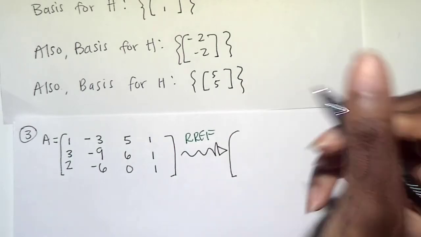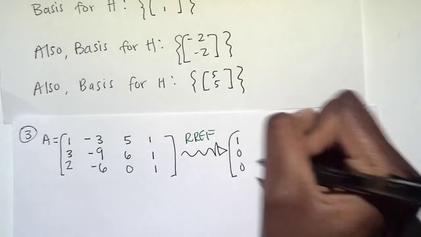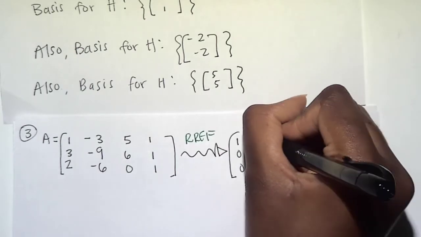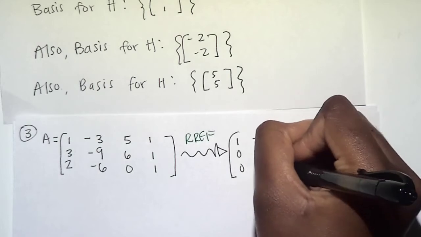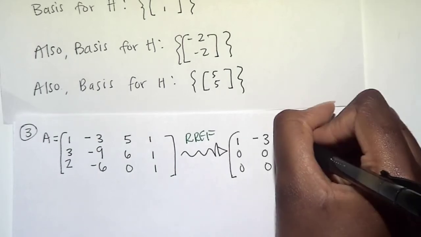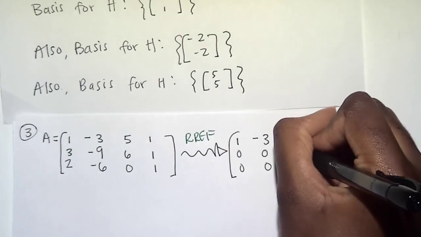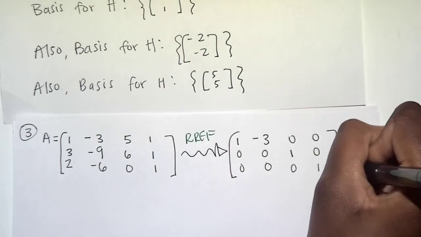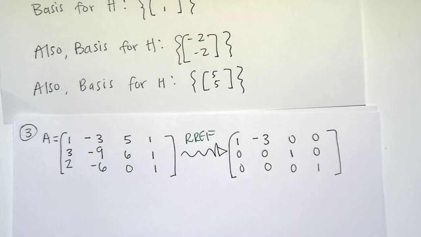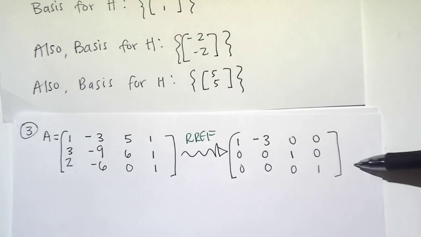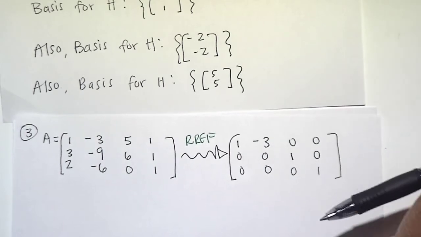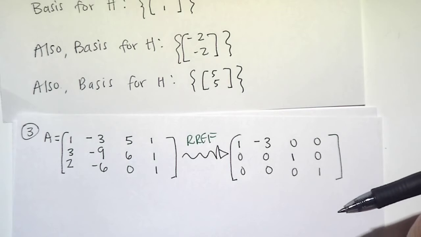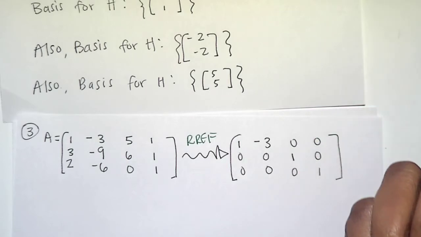All right, and so when I do, I get 1, 0, 0, -3, 0, 0, 0, 1, 0, 0, 0, 1. So if you think about it and set it up as a homogeneous system with zeros on the other side, we can solve for x1, x2, x3, and x4.